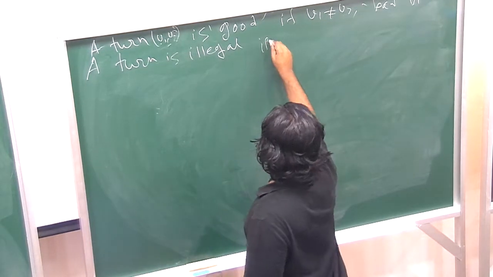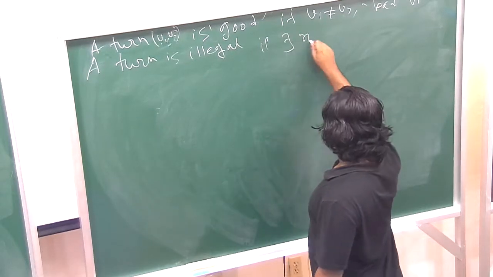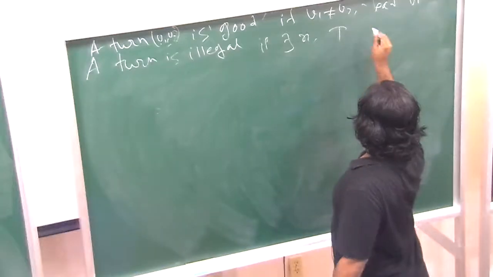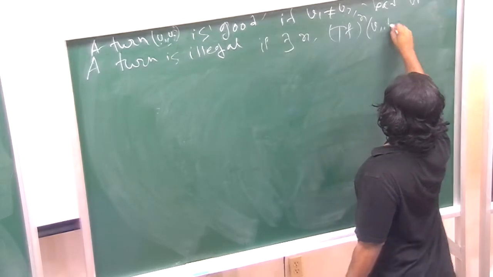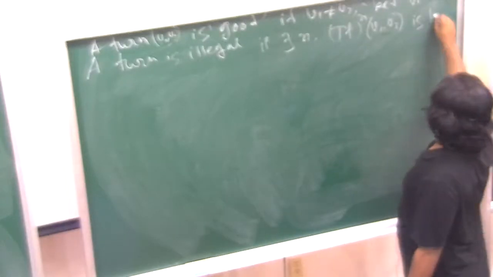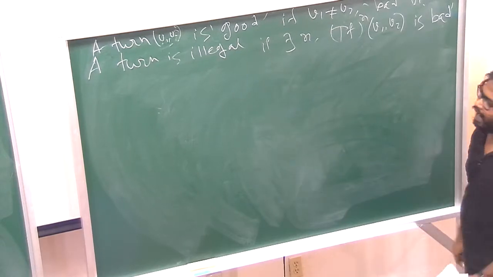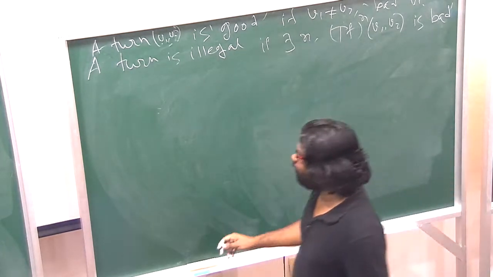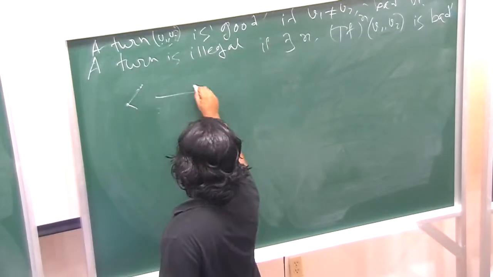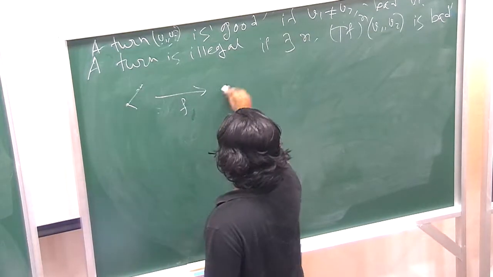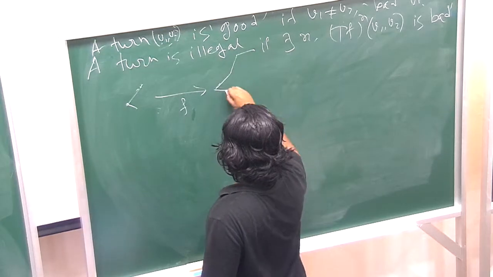Okay, so a turn is illegal if there exists some n such that Tf to the n of V1, V2 is bad. What do I mean? Suppose I am taking this turn. For the first iteration of f, it goes to some nice turn.